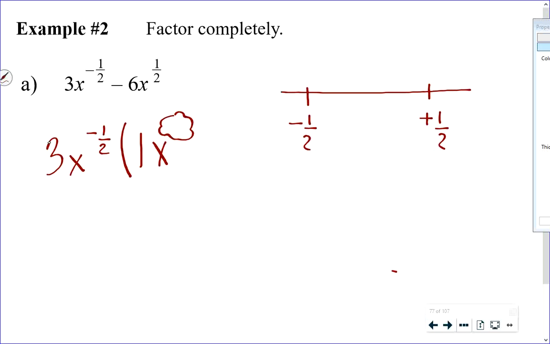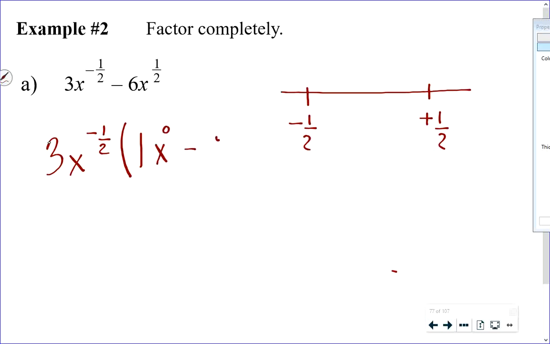So what do I add to negative 1/2 to get negative 1/2? Well, I get 0. And I think most of you would have said, well, isn't it to the 0 anyway because we factored it out? And that's fine. In fact, I think many of you would have just said this, wouldn't you? But I want to write x to the 0.